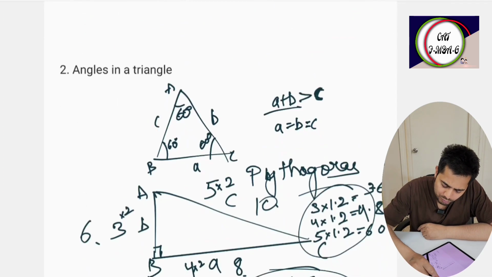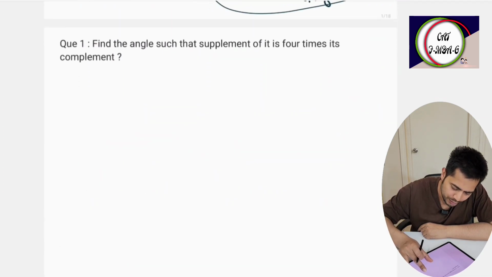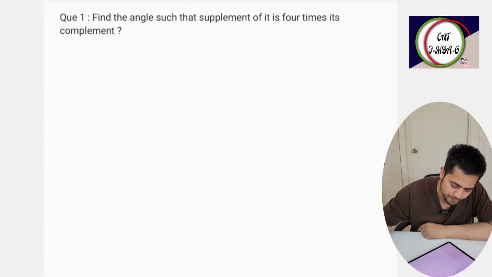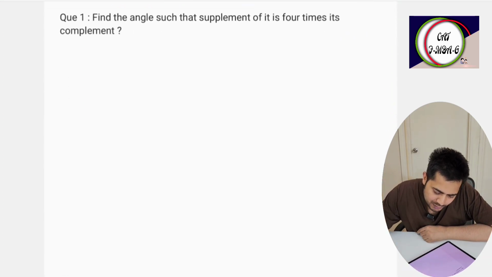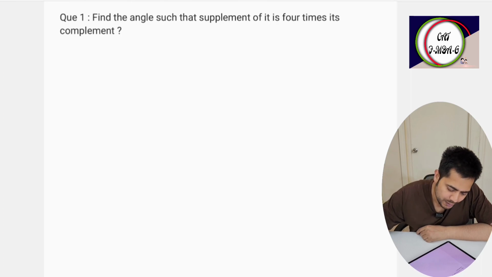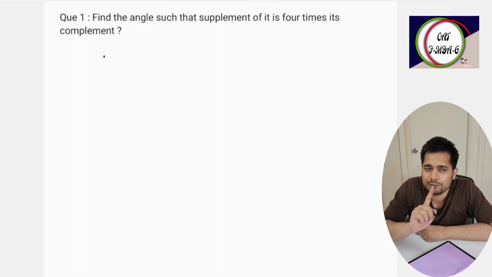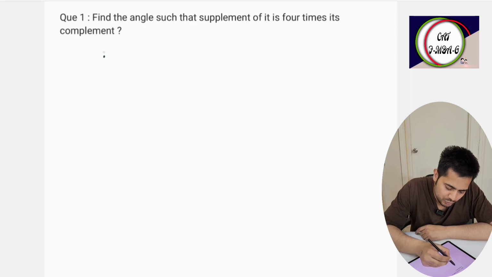Okay, let's solve a bit of questions for now and then we will proceed to a new concept. Find the angle such that the supplement of it is 4 times its complement. I told you what a supplement is: if A plus B is equal to 180 degrees, then it is a supplement. So let us say the angle is x.